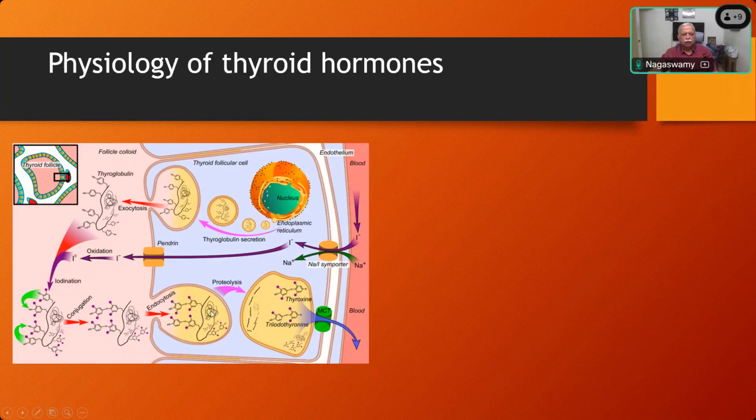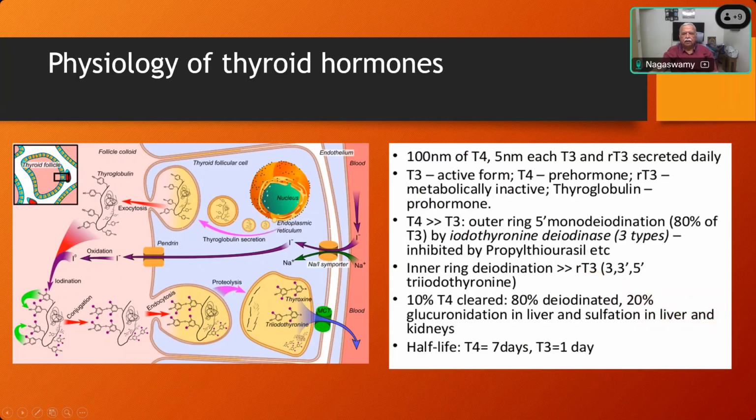There is an endocytosis and proteolysis happens, and thyroxine, that is T4, and T3 will be released into the bloodstream by the action of the thyroid stimulating hormone. And these are all the normal values of how much of T4, how much of T3, and how much of reverse T3 are all produced. So 100 nanomoles is the T4 value, 5 nanomoles for T3 and reverse T3. And T3 is the most active form.